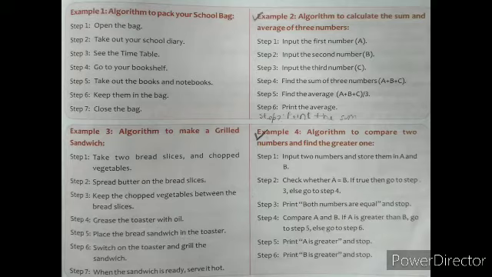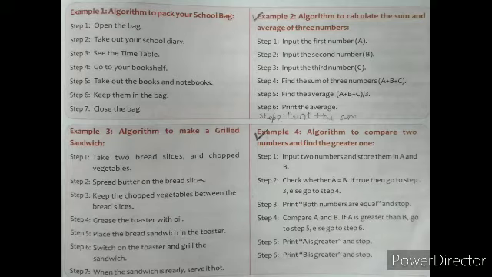Example number 1, algorithm to pack your school bag. You can see there's a step-by-step process to pack your school bag. Step 1, open the bag. Step 2, take out your school diary. Number 3, see the timetable. Number 4, go to your bookshelf.